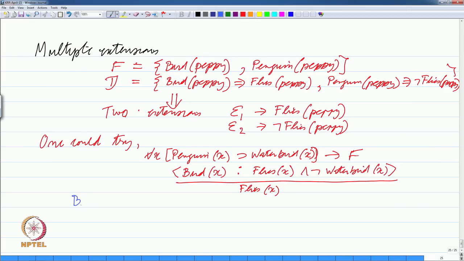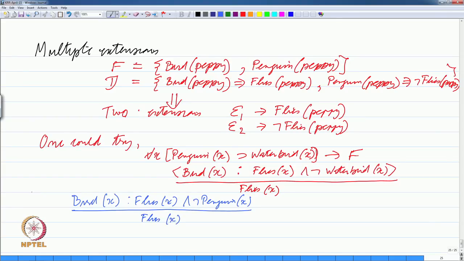We could even try something like this, bird x, flies x and not penguin x. This will enforce that if you know something to be a penguin, then that thing will not be able to fly in your belief system essentially.